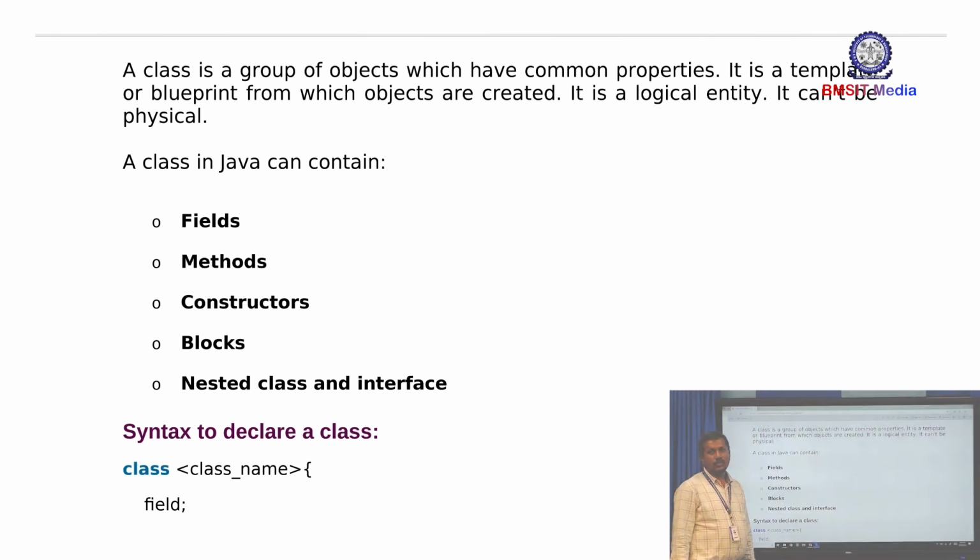Using methods we can work on the objects. The fields are nothing but data members. Methods are nothing but member functions. We have constructors: if I want to initialize some value, we use constructors. We have blocks, and then nested classes and interfaces, which are also part of Java classes.